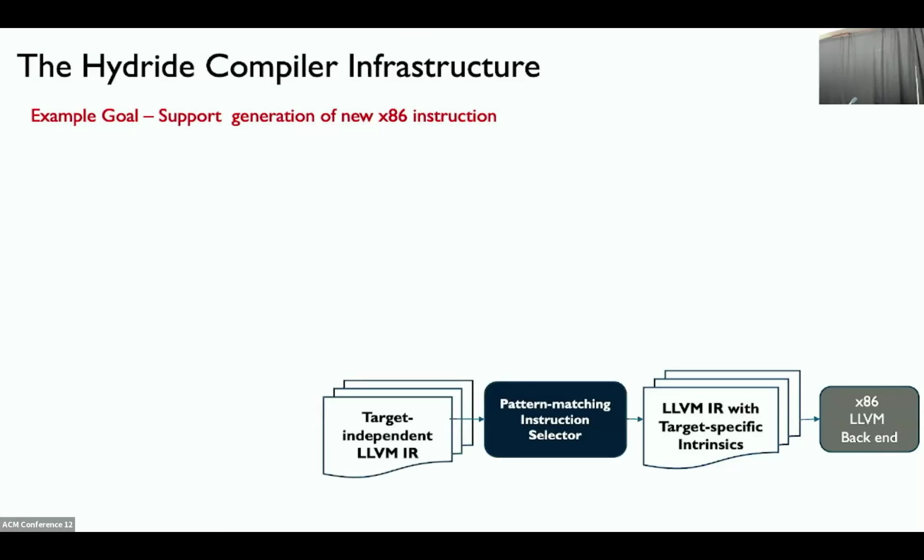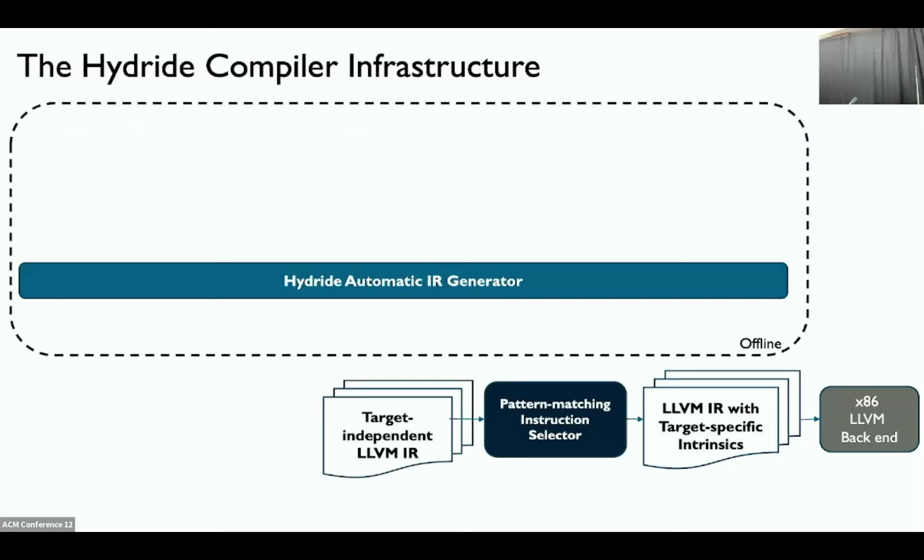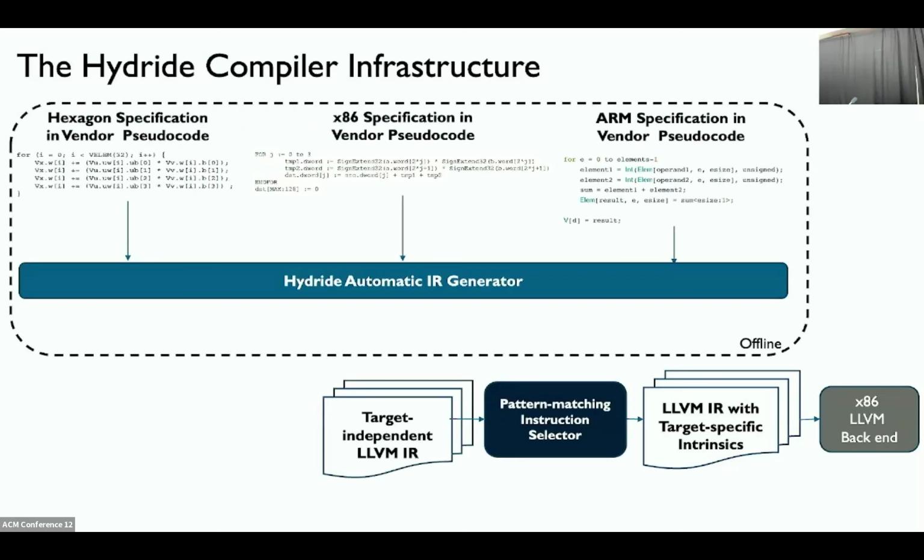And what Hydride basically does is that it uses its automatic IR generator to parse the pseudocode specifications of different hardware architectures and develops an instruction set that is target independent and representative of the instructions of all the given ISAs. And it implements these target independent instructions as intrinsics in LLVM automatically.